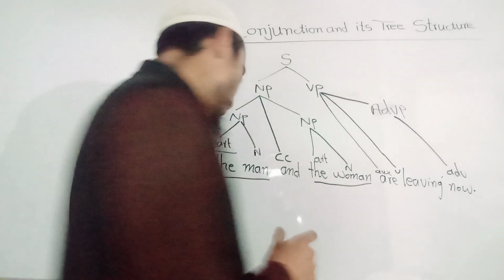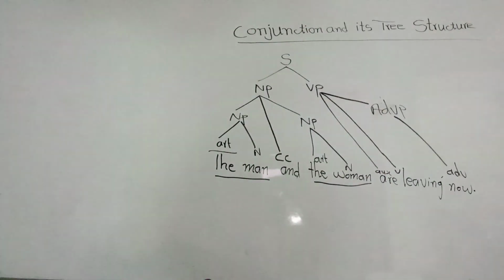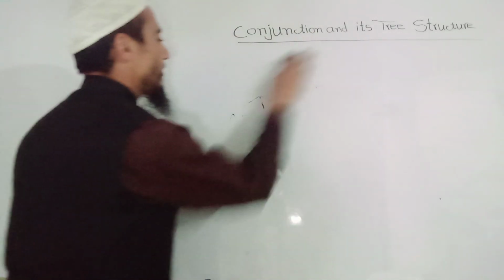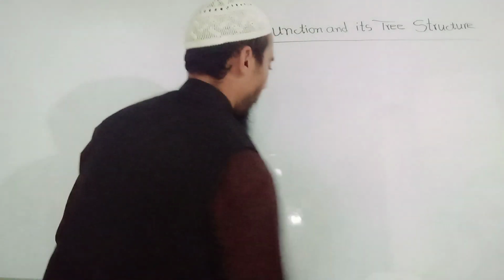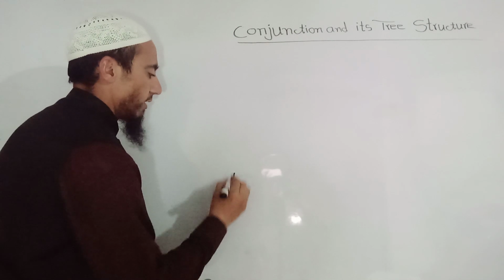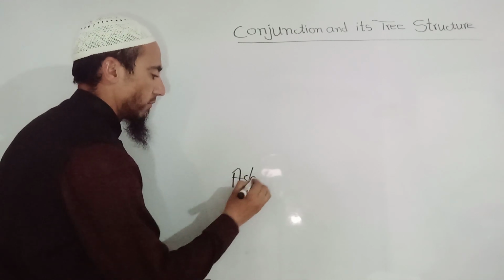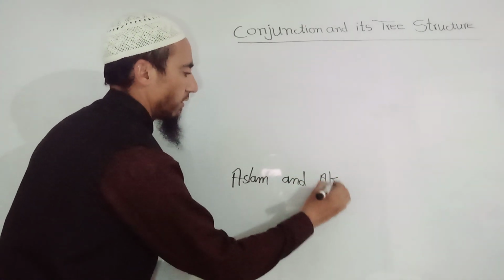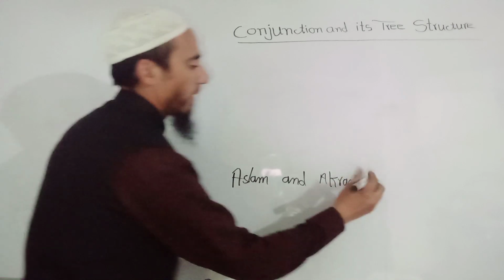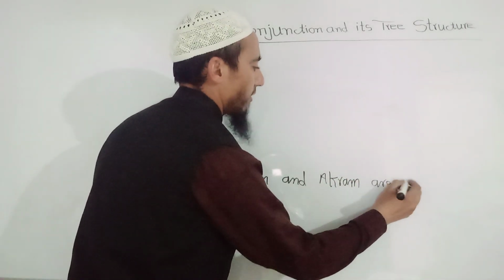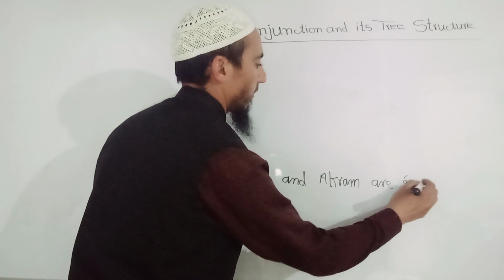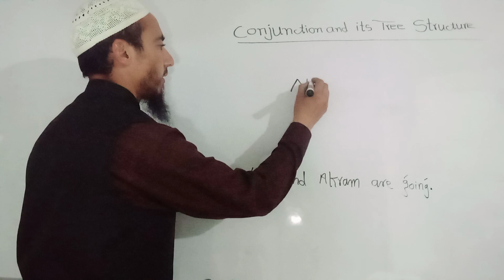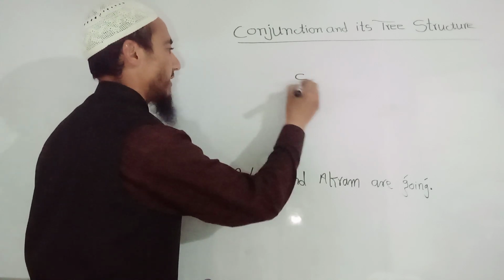I'm just going to draw another tree diagram for another sentence. For example, if I say, Aslam and Akram are going. Okay. Again we have S, which means sentence.